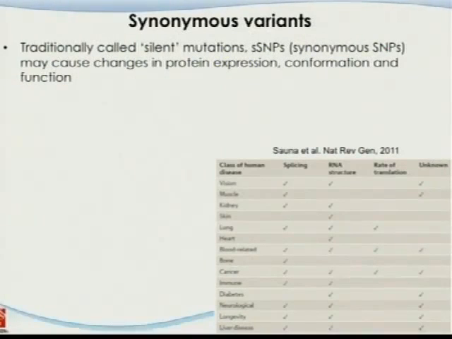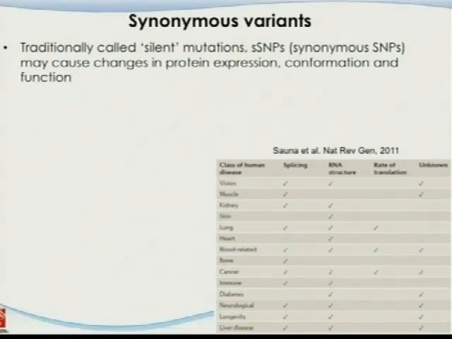And for the synonymous variations, these are traditionally called silent mutations, and they are nucleotide variations that do not cause amino acid sequence changes. Most people just ignore this part.